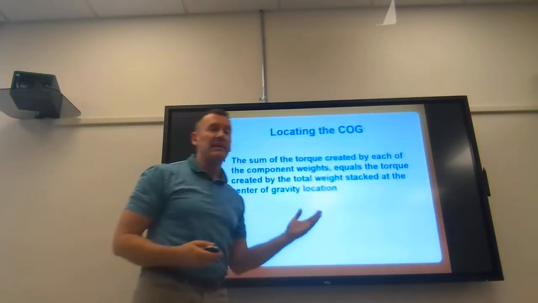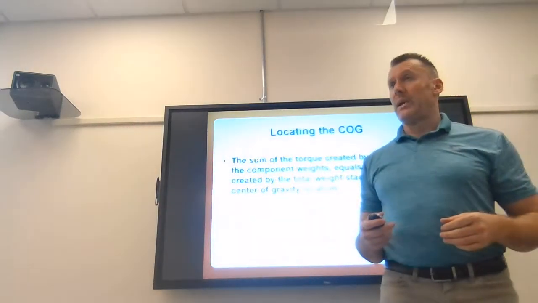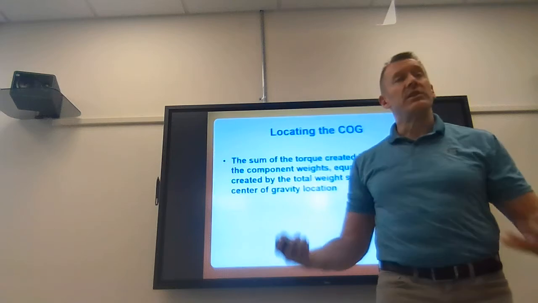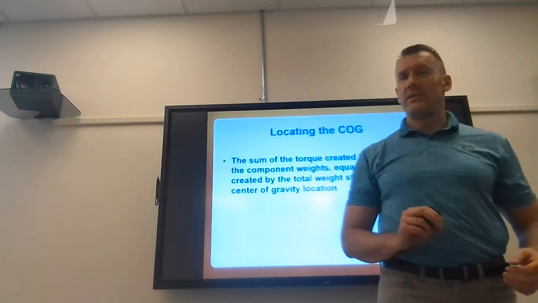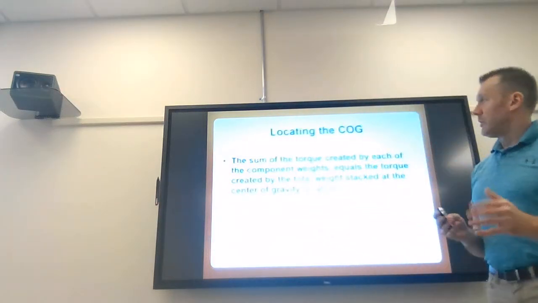Okay, so locating the center of gravity, how do we do that? If we have a body or object positioned in a certain way, how do we locate where the balance point is? The point around which the mass is equally distributed.